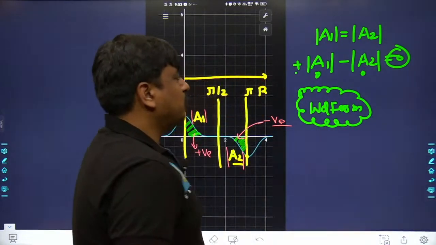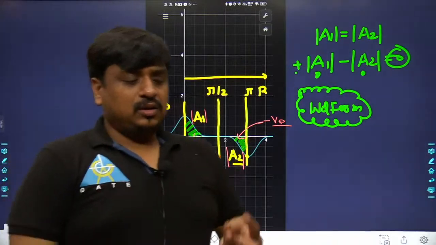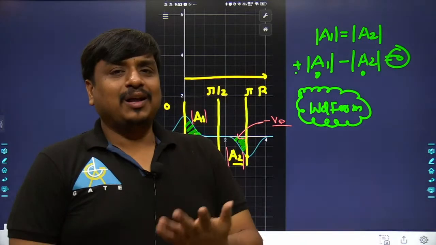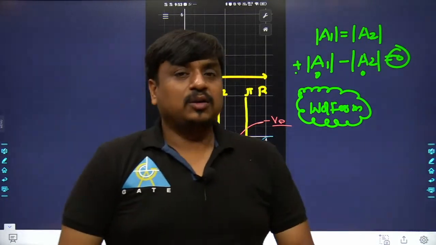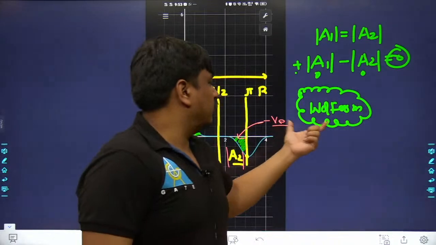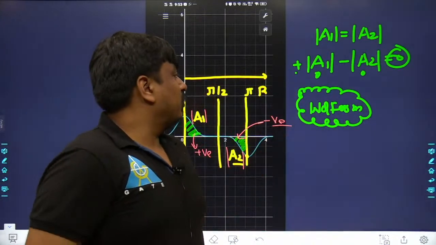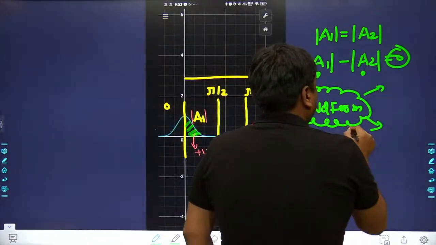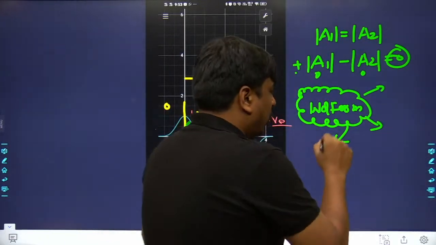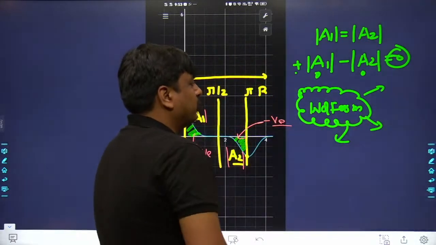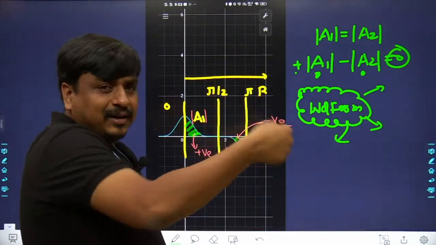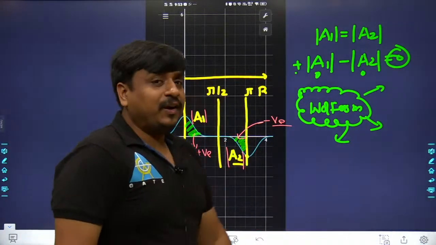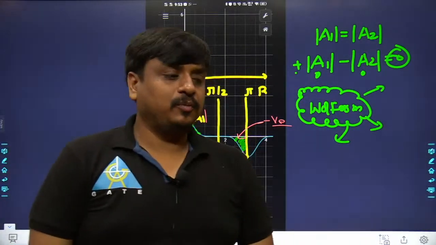Not only that, even if you use control systems through Wolfram, you can draw the root locus, the Bode magnitude plot, Bode phase plot, Nyquist plot, polar plot. Almost all sorts of functions can be drawn on Wolfram, and it is a pure technical software. So you can search like draw the Bode plot using Wolfram. Similarly, draw the vector field using Wolfram. Once you write this on the website, definitely the different kinds of Wolfram results are going to come in front of you in Chromebook.